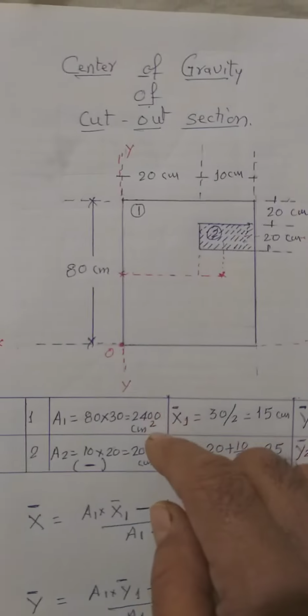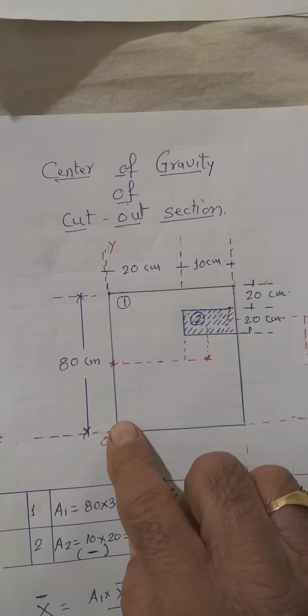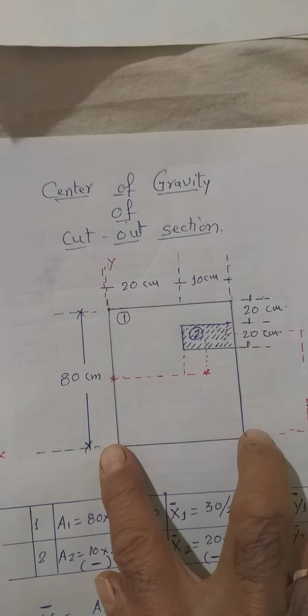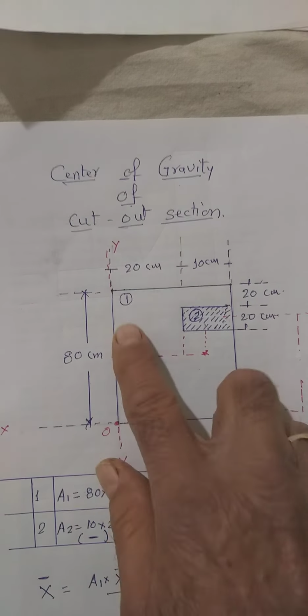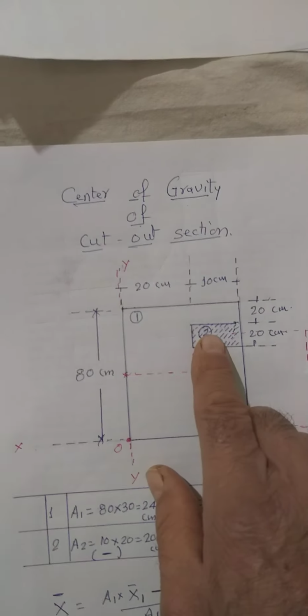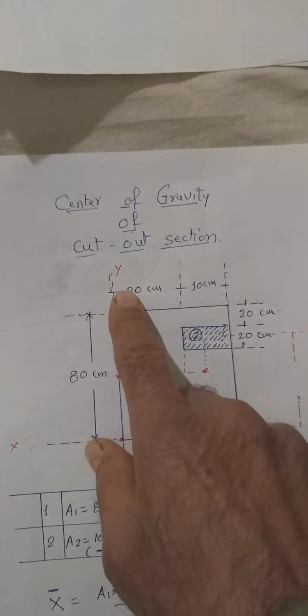I will just further give the details of this. Suppose this distance is given as 80 and this distance is given as 30. What is the area of the A1 figure? This I call figure number 1 and this I call figure number 2. So what is the area of figure number 1?